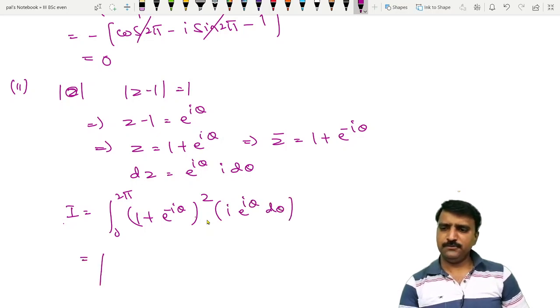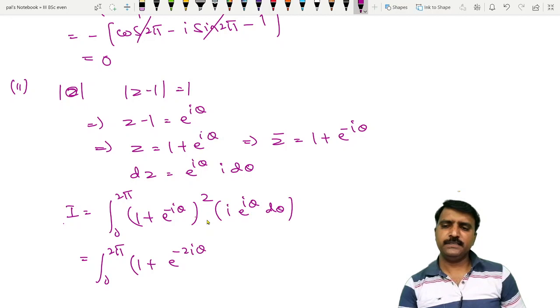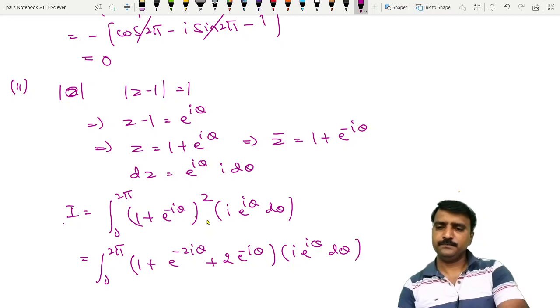Expand this using the a plus b whole square formula: a square plus b square, e power minus i theta whole square, which is e power minus 2i theta, plus 2ab, 2 into 1 into e power minus i theta, into i into e to the i theta d theta.